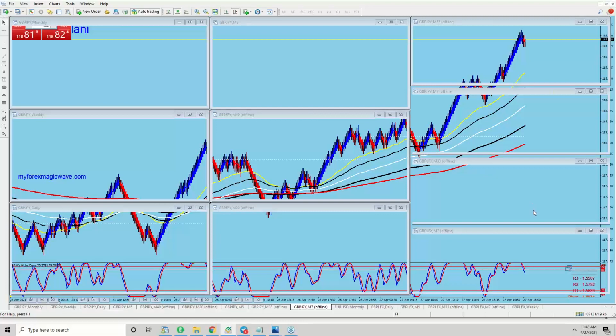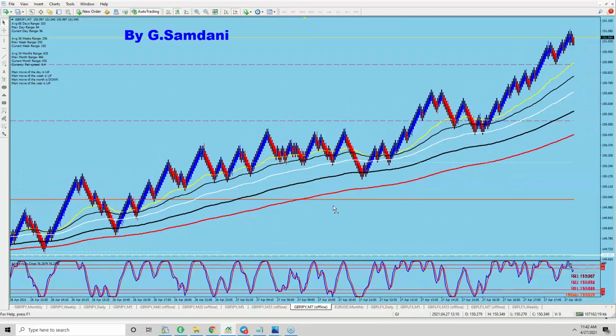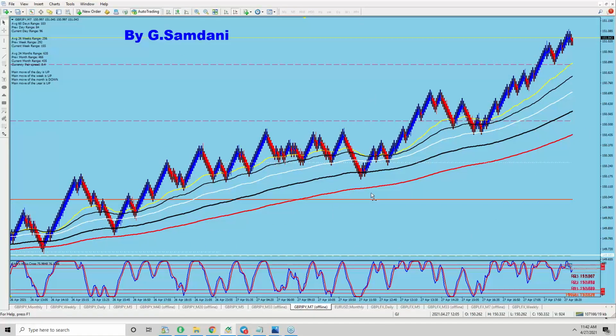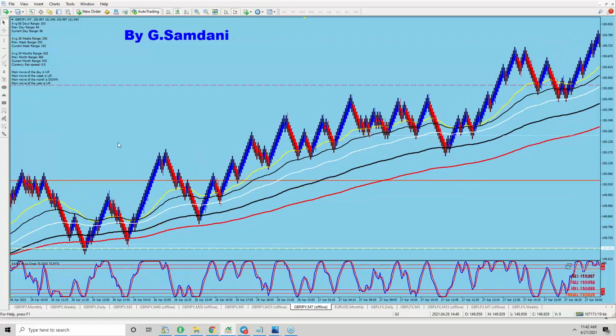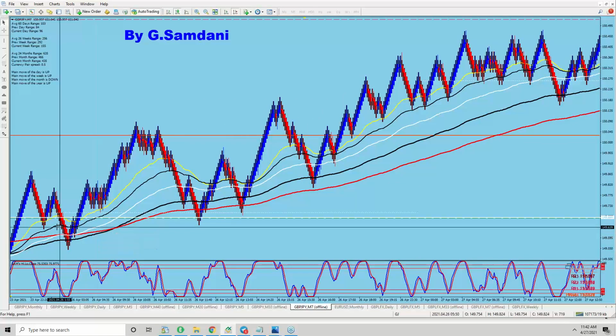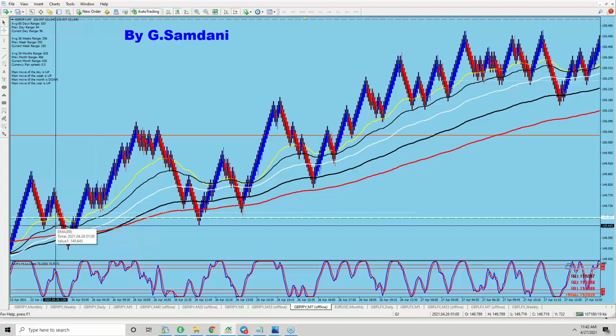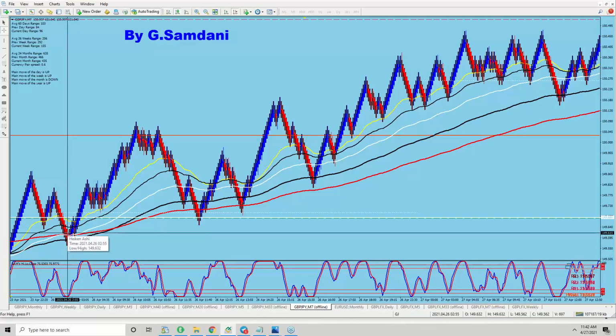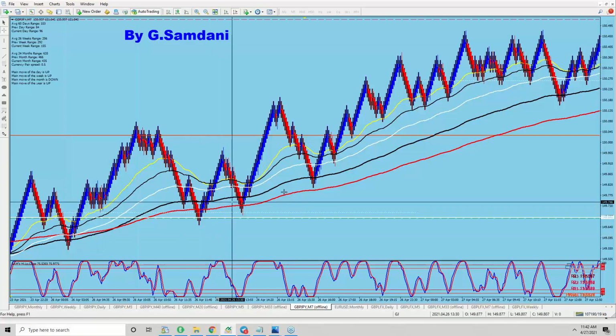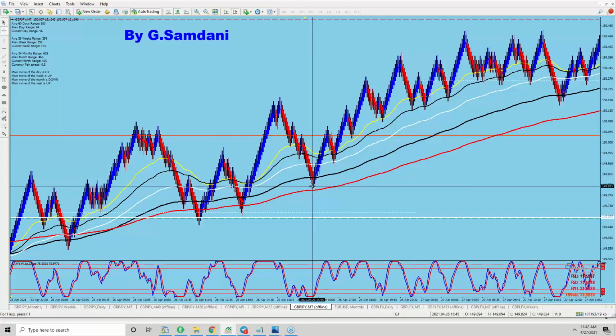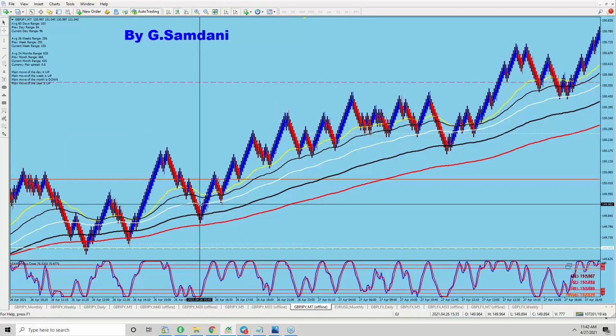Pound yen, what happened to Pound yen? Okay, here. The 26th started from here, see that? So that was a long entry, yes. The yellow is mixing up a little bit, timing is not right, but this is a beautiful entry here.